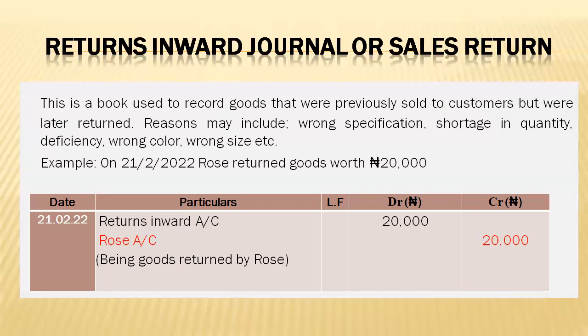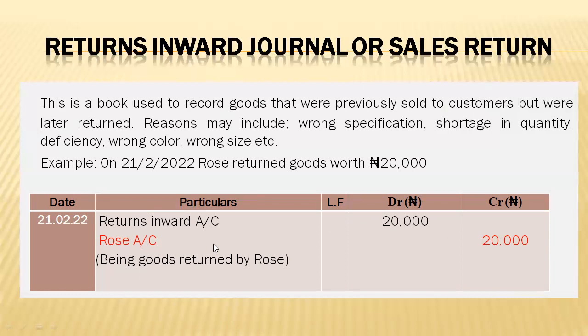So let's look at this example. On the 21st of February 2022, Rose returned goods worth 20,000. So what happens? We debit our returns inward account or sales returns account and credit Rose's account.